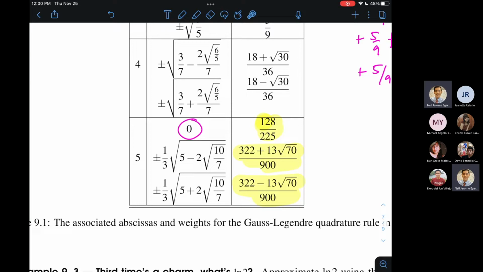Or you could also use the derivation na ginawa natin last time. Magso-solve ka nga lang ng ganoong kalaki yung system. Kung 6 points, meron kang 12 by 12 non-linear system. And that's not a good problem to have, right? Mukhang mas efficient itong paggamit ng Legendre polynomials.